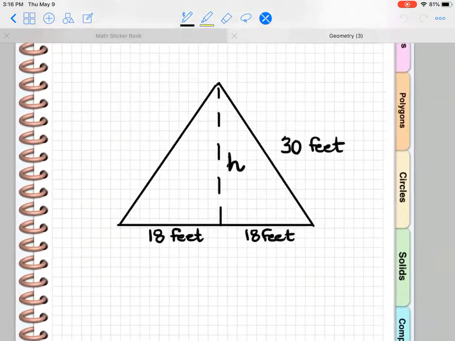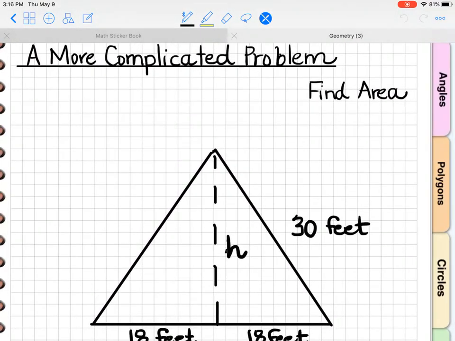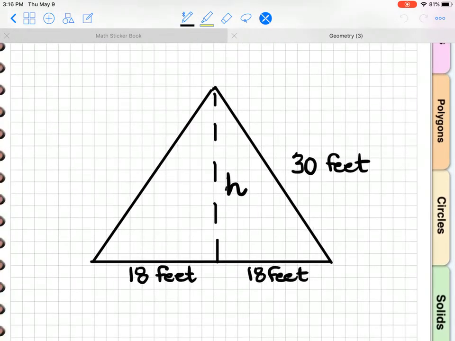This one is a more complicated problem, and they want me to find the area of this triangle. So let's take a look here before we get started at the things we do know and the things we don't know. I'm going to put in my vertex points just because I like those.